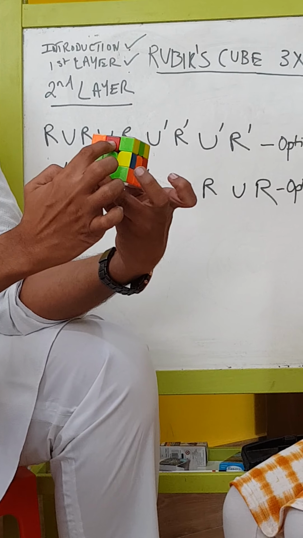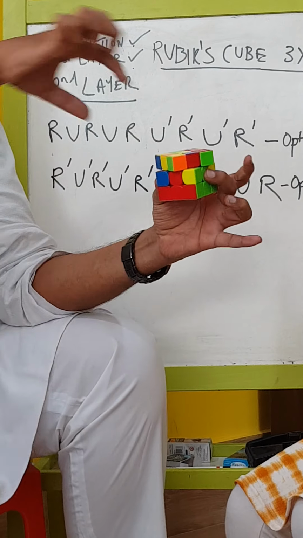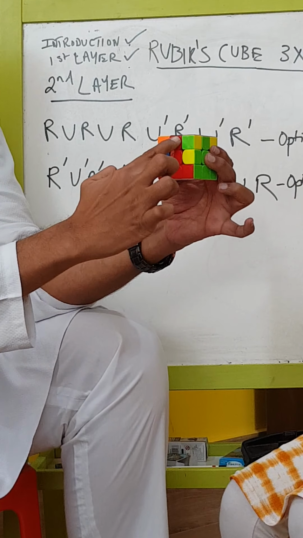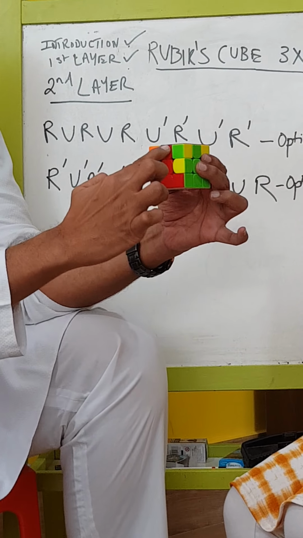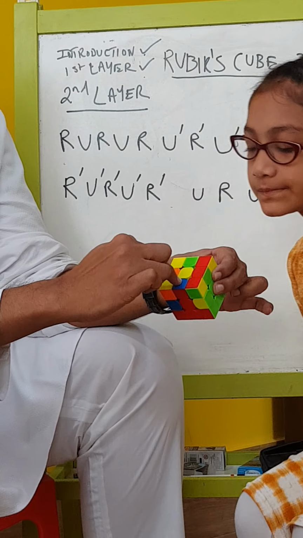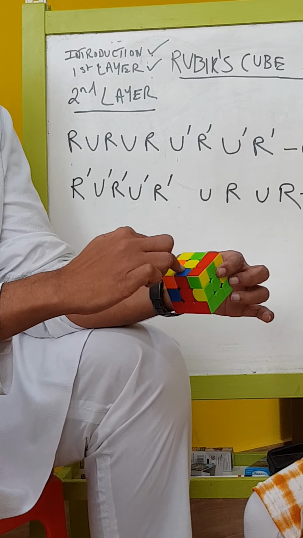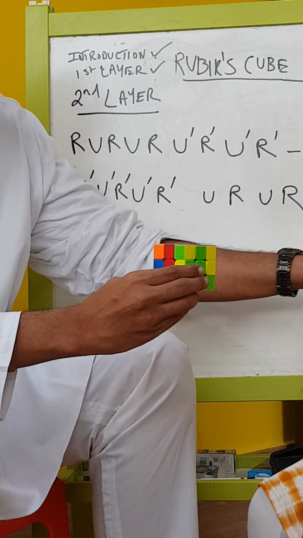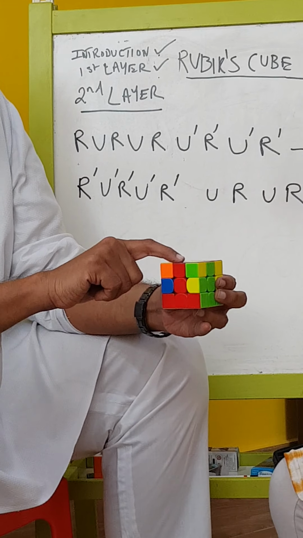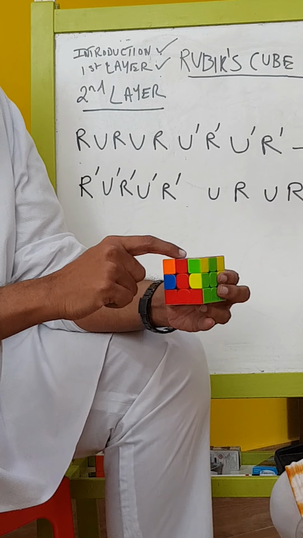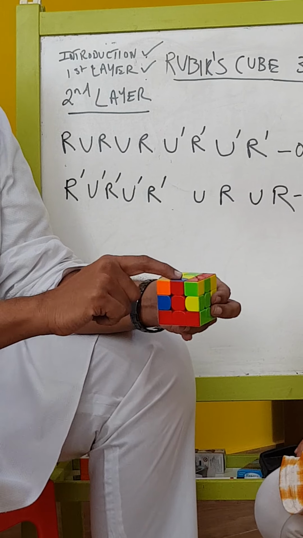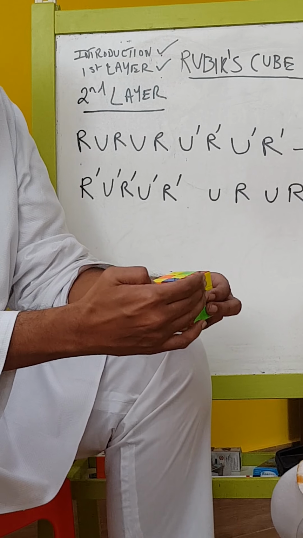Yes, we have got a red here. So all we do is twist it and align and make sure all the three reds are in the same line. Then you see what is on top of red, that is blue. When the blue is on the top and red is on the side, you need to check whether this blue is in your front or in your back.